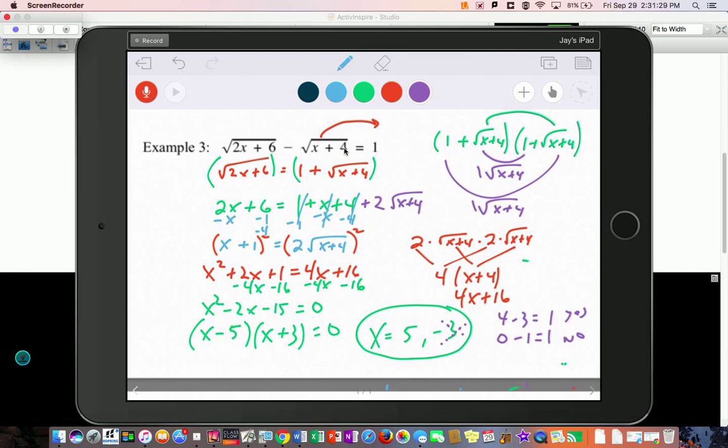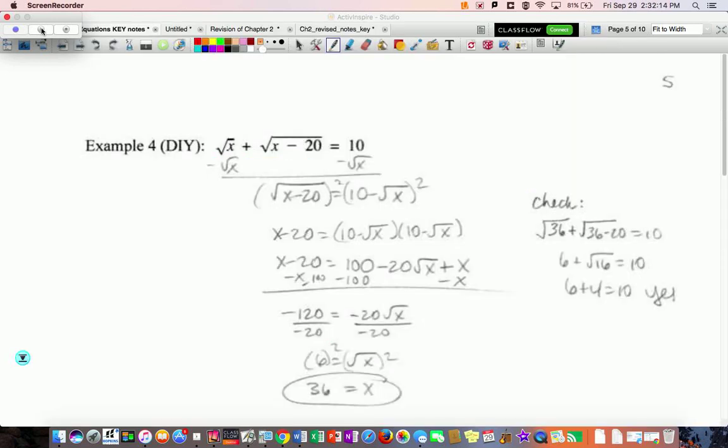So when you look at the next example, it actually works out just a little bit easier. You'll see why, but pause the video now. So both radicals are positive, so it won't matter which one you move to the other side. I move the root x, square both sides.